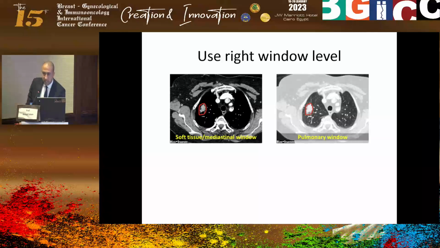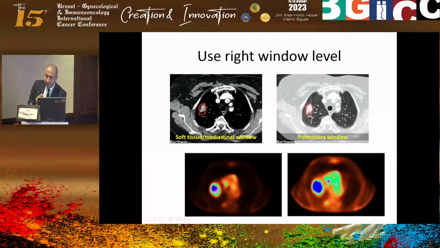Now the other important thing to talk about here is that you have to pick the right window level. So if you have a tumor entirely in the lung, you use the lung window. If you have a tumor at the chest wall, so a lung tumor touching the chest wall or touching the mediastinum, you have to use both window levels.